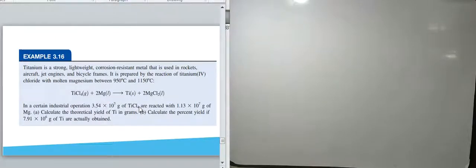Titanium is a strong, lightweight, corrosion-resistant metal that is used in rockets, aircraft, jet engines, and bicycle frames. It is prepared by reaction of titanium 4 chloride with molten magnesium between 950 degrees Celsius and 1150 degrees Celsius.